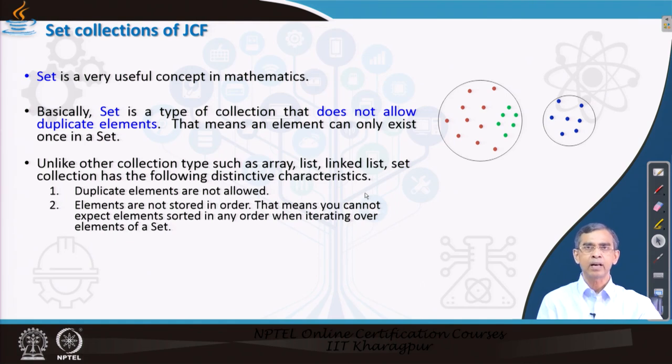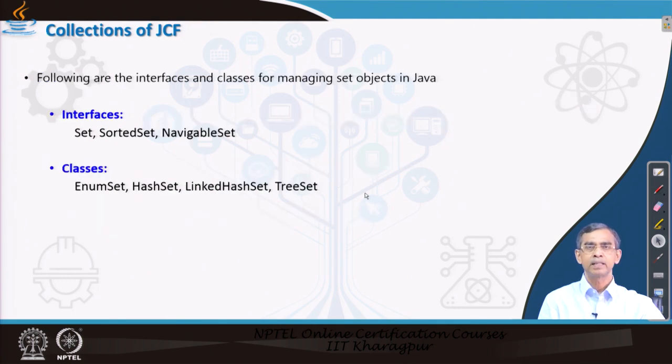It can also be maintained in a very unique or novel manner, called tree form. The concept of a tree is very important from the data structure point of view. The tree concept will be discussed later on, but the set also can be represented using this concept of a tree.